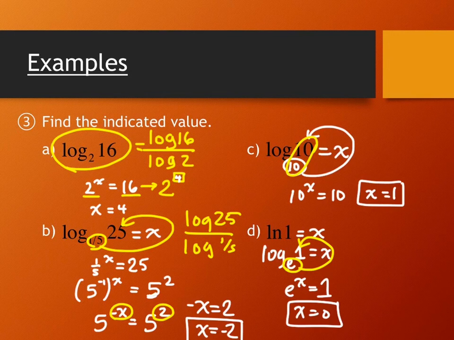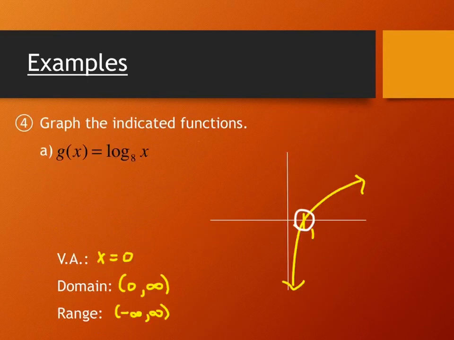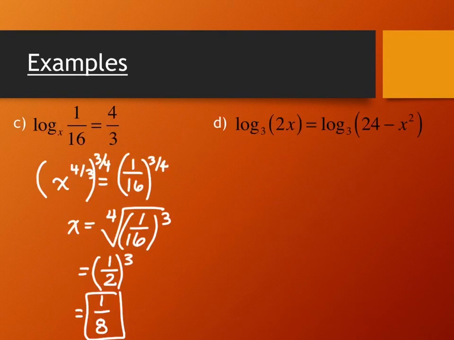At some point we got to a place where we were looking for the bases to match. We wanted something to look the same so that we could focus on the stuff that didn't look the same, right? That's our goal, and that's much the same goal that we have over here on D. Part of this looks the same, namely log base 3 on both sides, right?